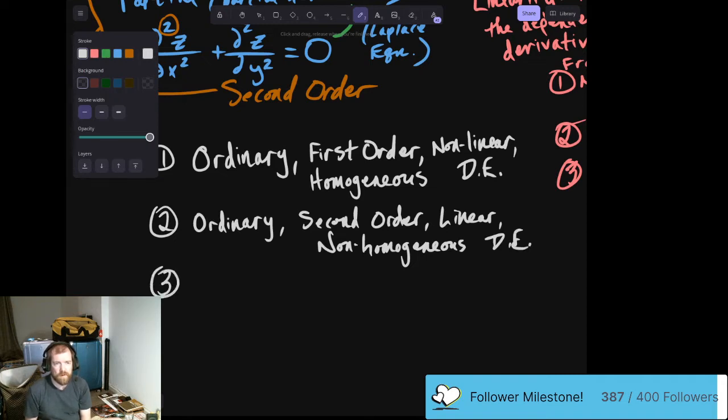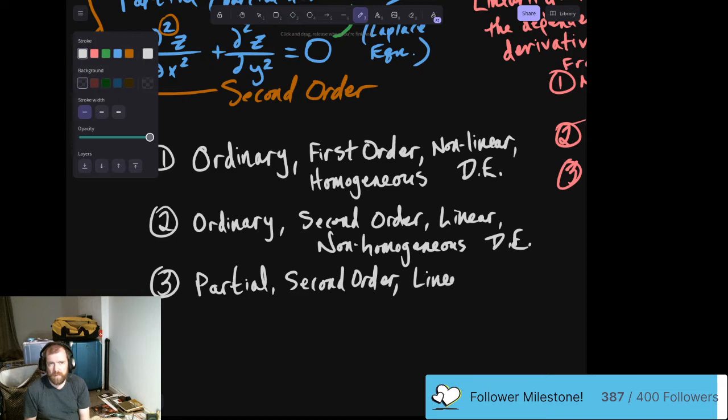And third, we had a partial, second order, linear, homogeneous, differential equation.